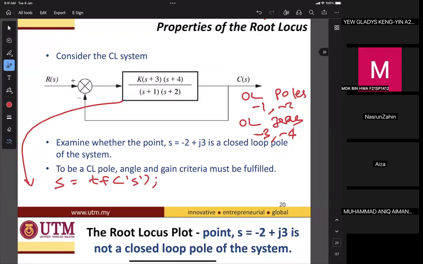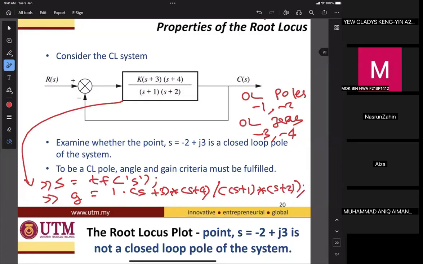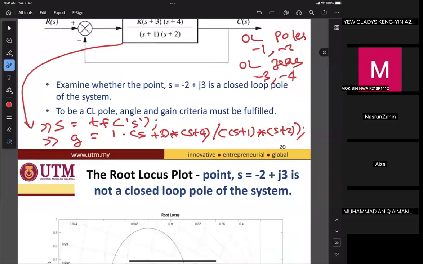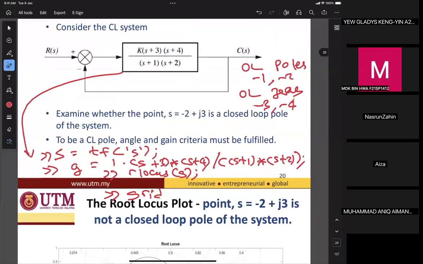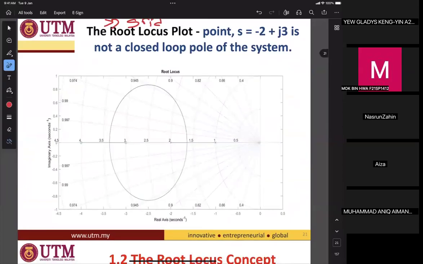Then g equal to 1 over (s plus 3)(s plus 4)... correct. Then (s plus 1)(s plus 2). Then rlocus g, then grid, then enter. After enter, it comes out like this.